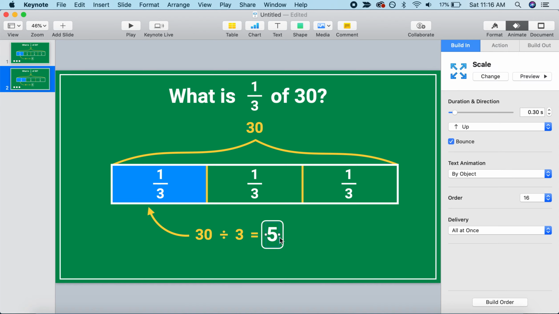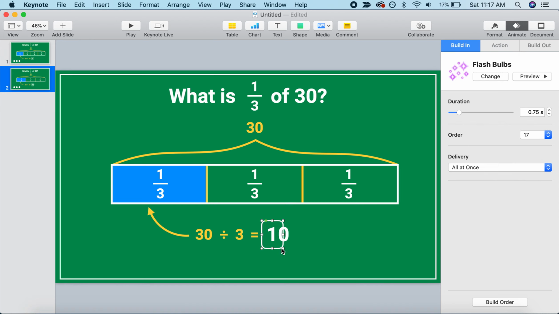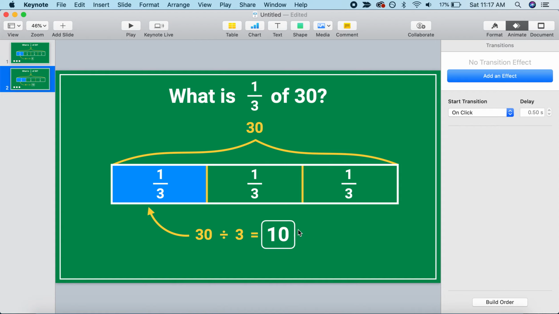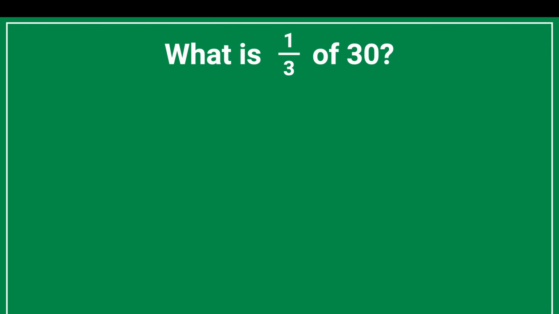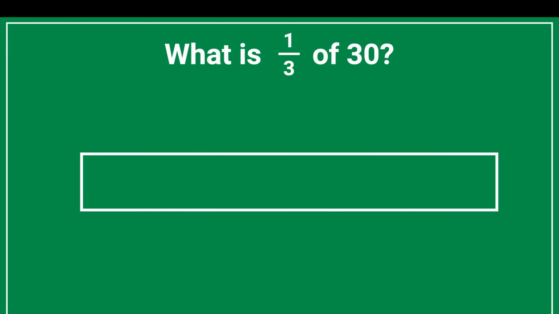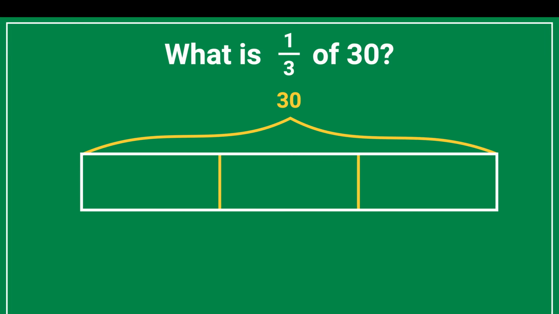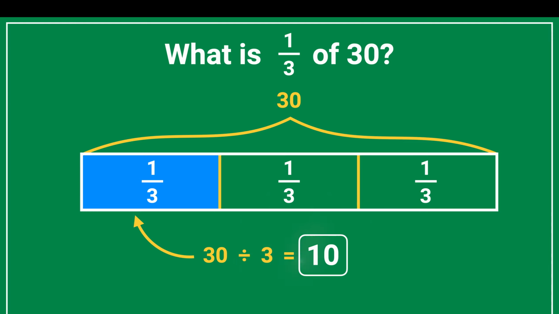And our answer is no longer 5. Now it's 10. And let's adjust that circle. There we go. Just like that, we can check that this problem works. What's 1/3 of 30? Well, if we draw a model that all represents 30, then each piece will be 1/3. Therefore, one of those pieces is equal to 30 divided by 3, which equals 10.